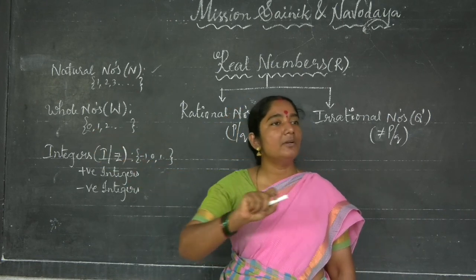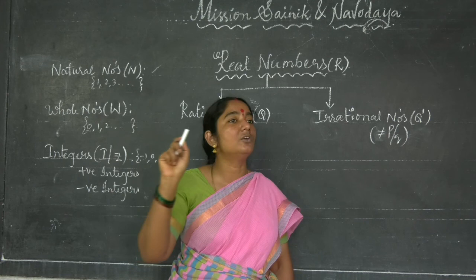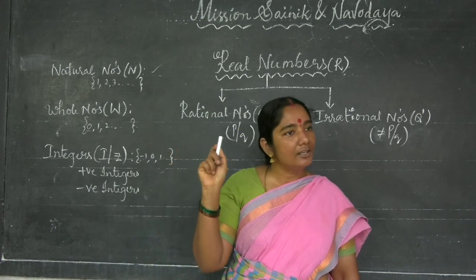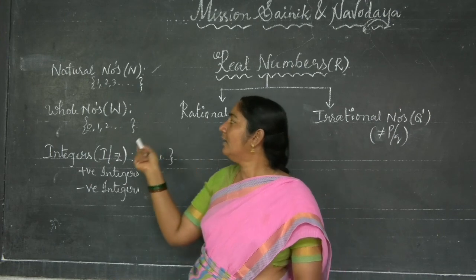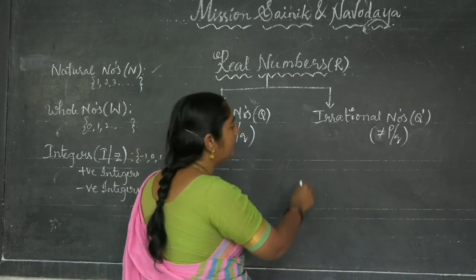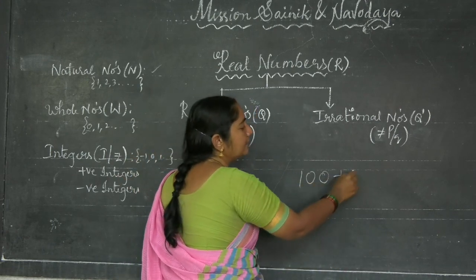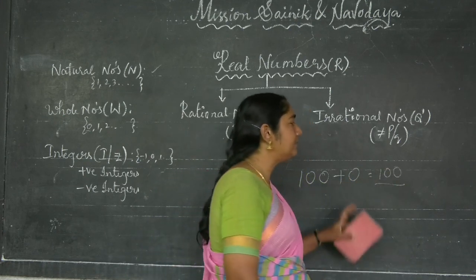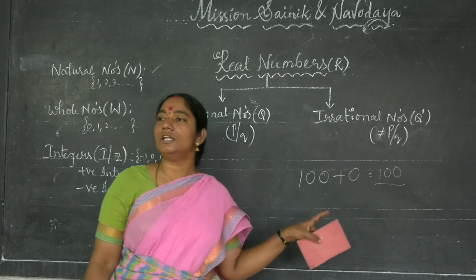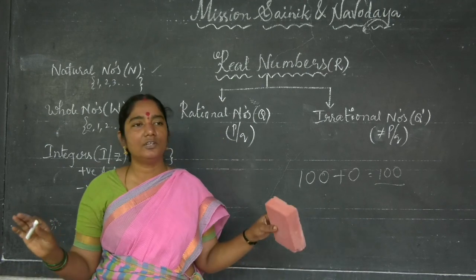And the set of numbers starting from 0 we call whole numbers. Understood, my dear friends? Now, 100 plus 0. The value will be 100 only. When you add 0 to any number, its value will not change.